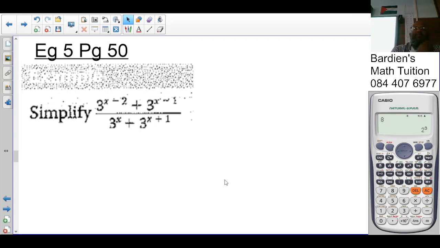So what do we do next? Simplify, we can cancel, yes. 3 to the x will cancel. You all agree with that? And then from there we must just simplify inside the brackets. Okay, so I'll give you a minute before I do it on the board.